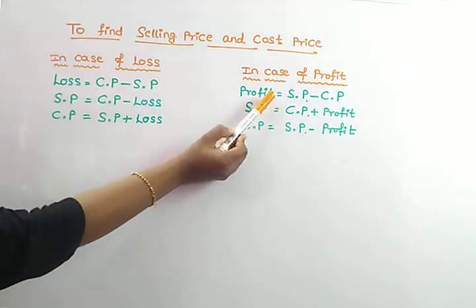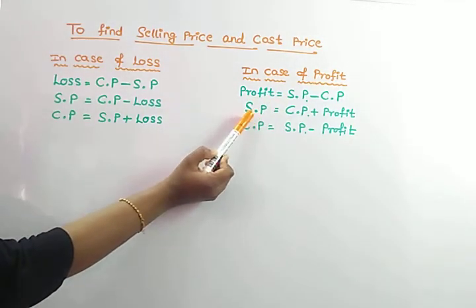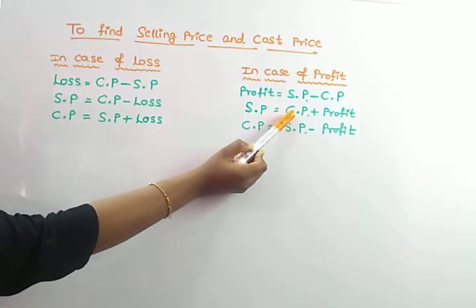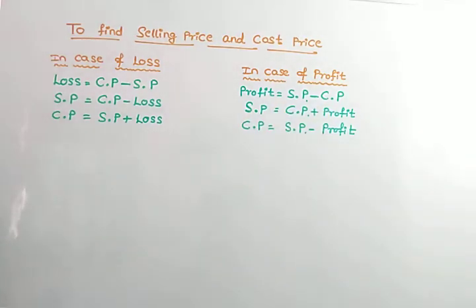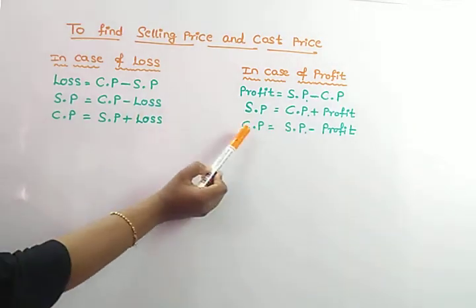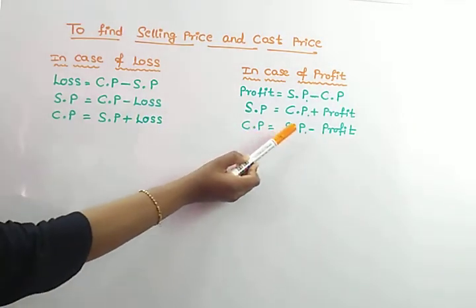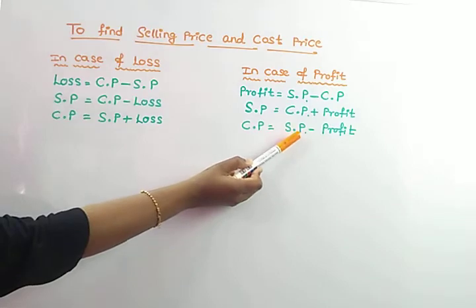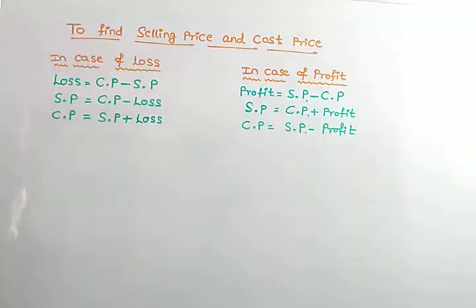Just a rearrangement of this formula. SP is equal to CP plus profit, that is cost price plus profit. Then CP, the cost price, is equal to selling price minus profit. So dear children, these are important formulas we need to remember.